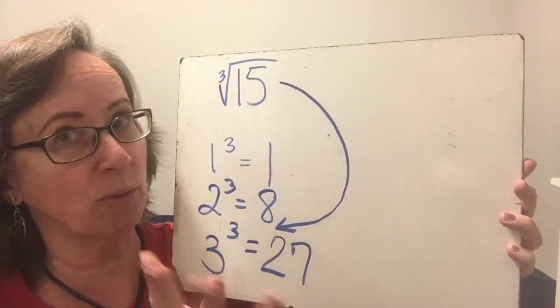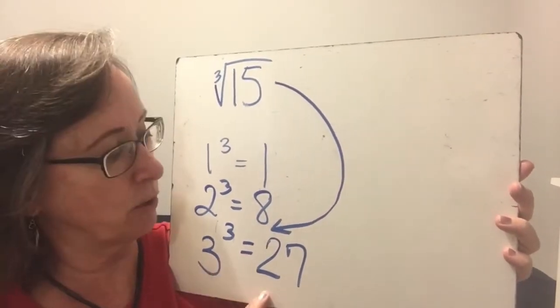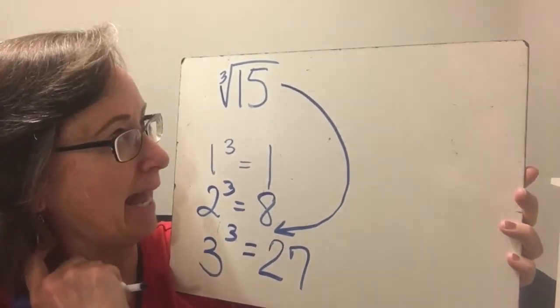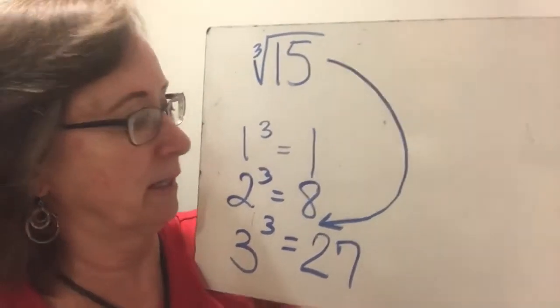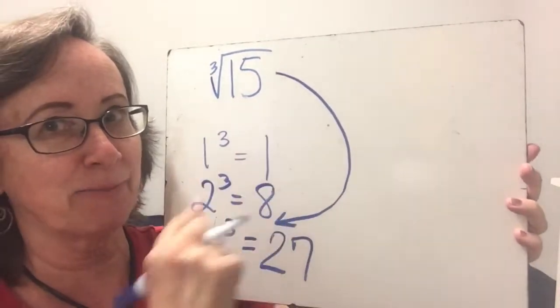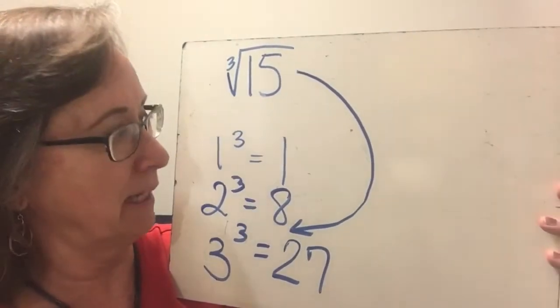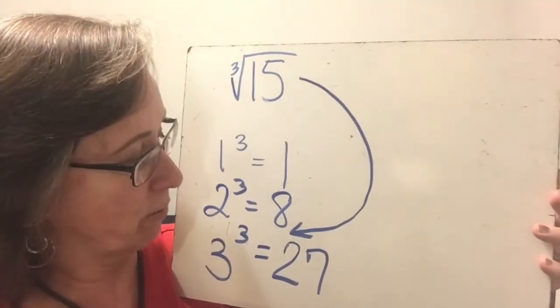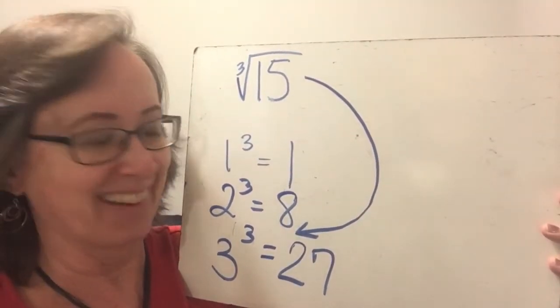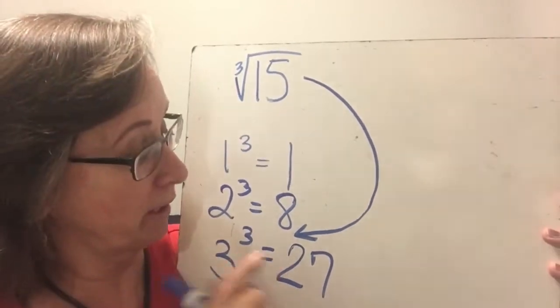Okay, so I'm going to guess. Let's do a couple of things. First of all, I want you to do this on your own. So I want you to take this information and pause your video and go figure it out using the cut and try method. Okay, and now we're going to do the same thing.